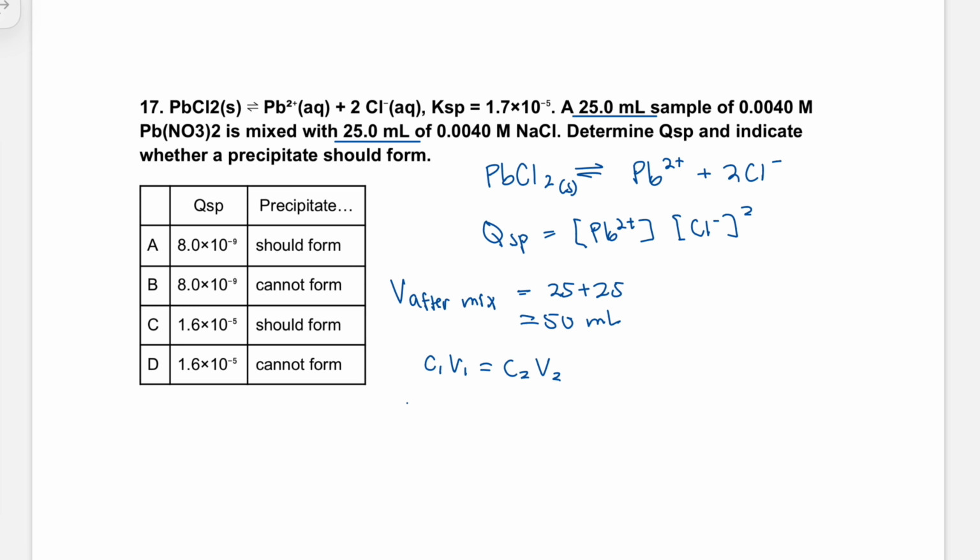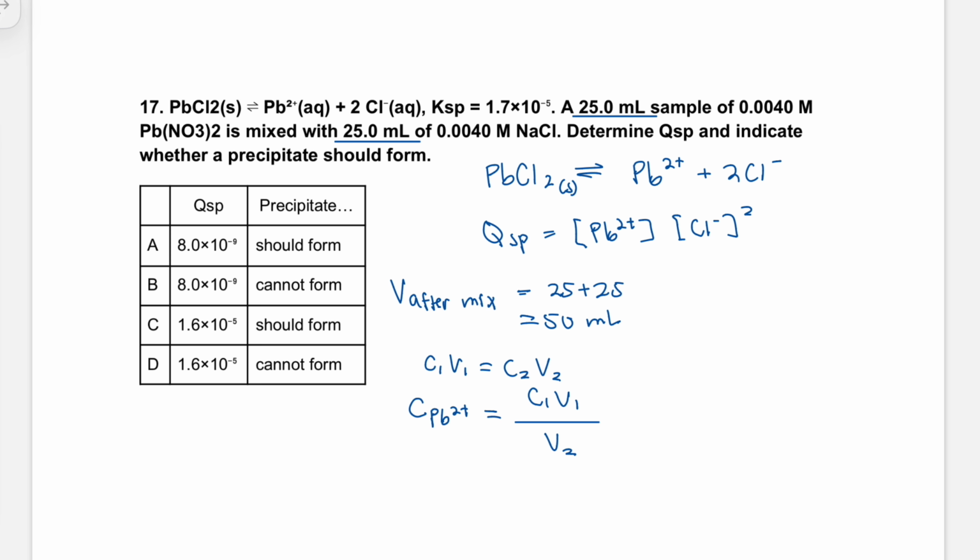So for the concentration of Pb2 plus, this is C2, so it will be C1 V1 over the new volume.